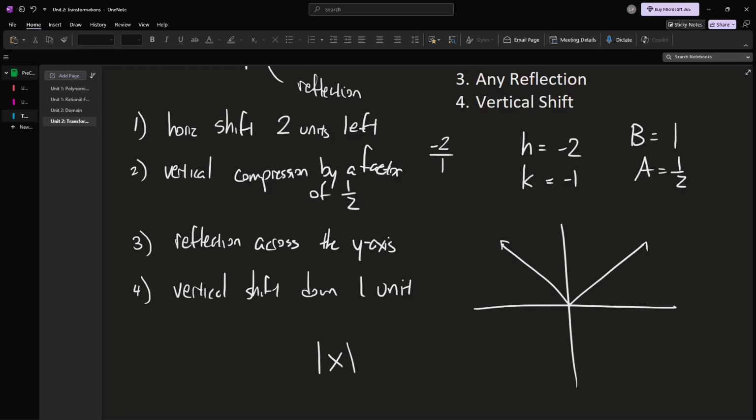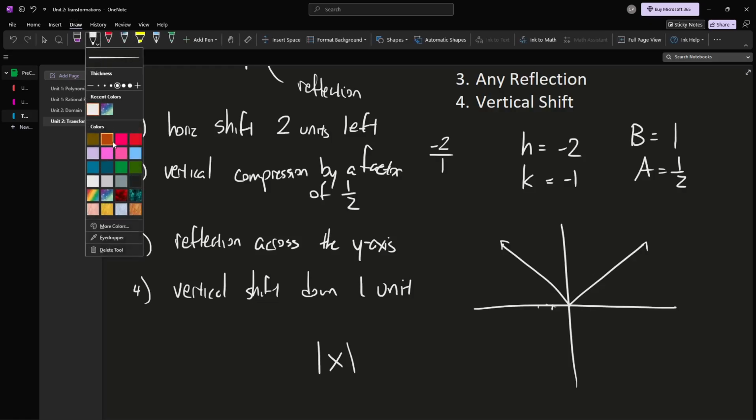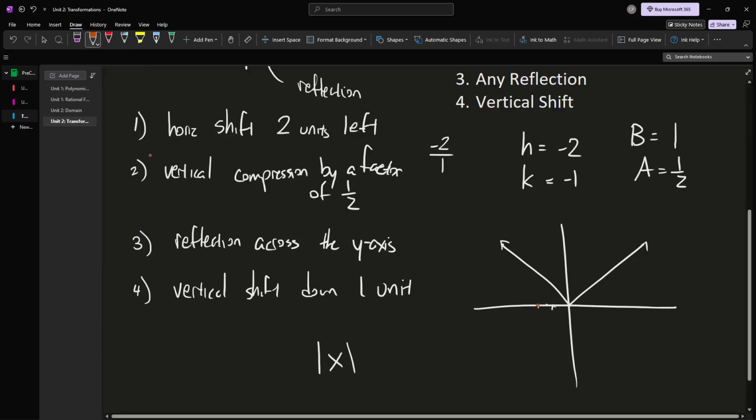Parent function right here. And then we shift 2 units left. So I move 2 units left, and I shifted it. And we'll change colors as we go. We'll make the first one red, 2 units left.